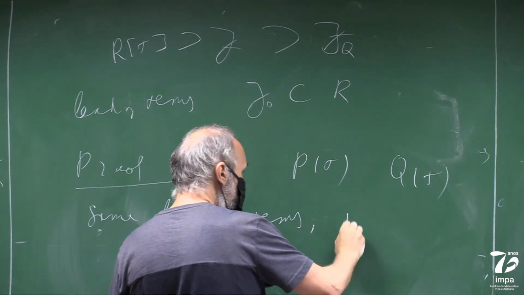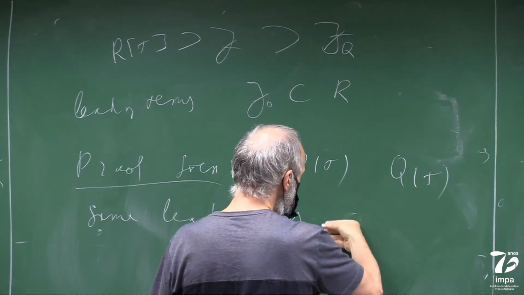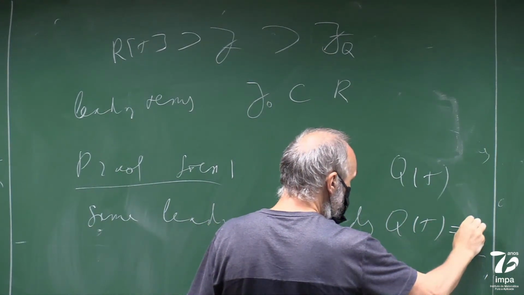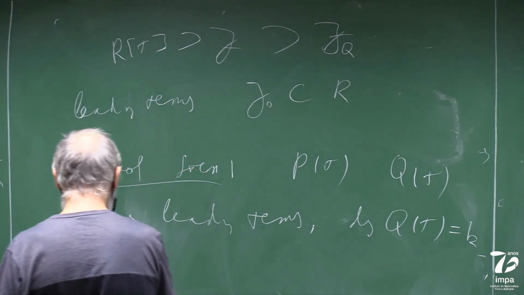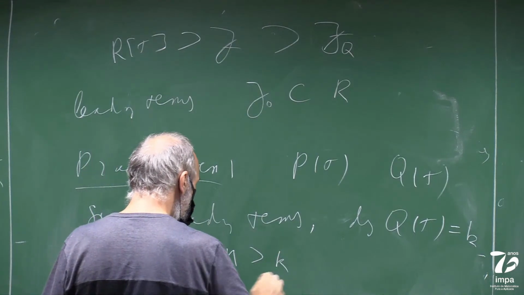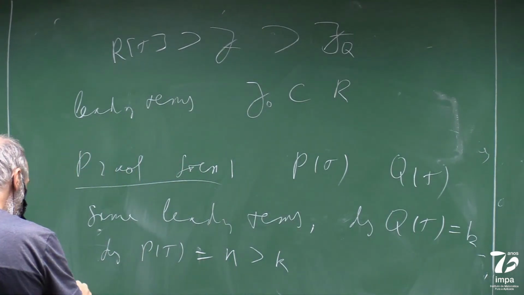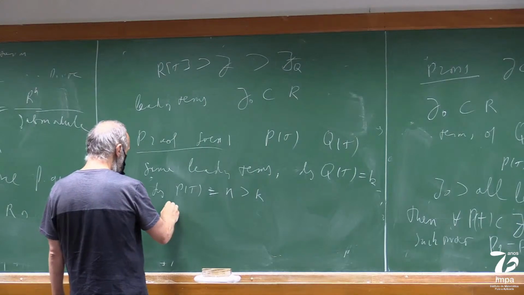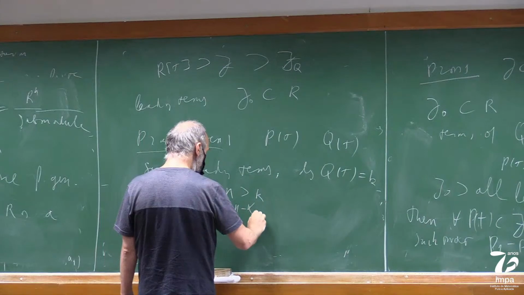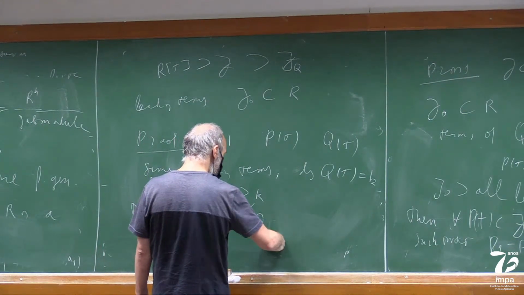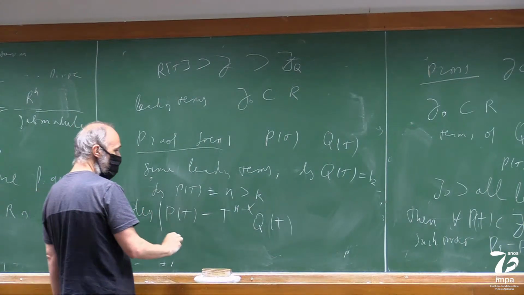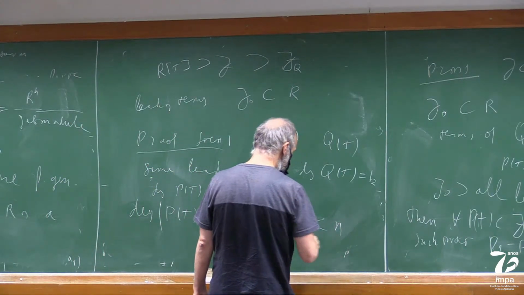But the degree of Q(t) is equal to k, and the degree of P(t) is n, bigger than k. Then, obviously, P(t) minus t^(n-k) Q(t), the degree of this element is less than n.